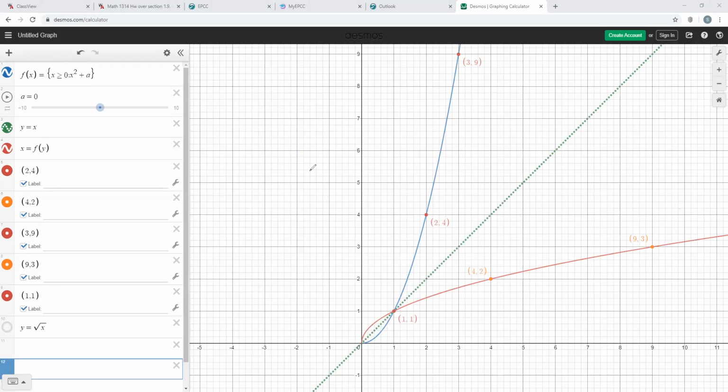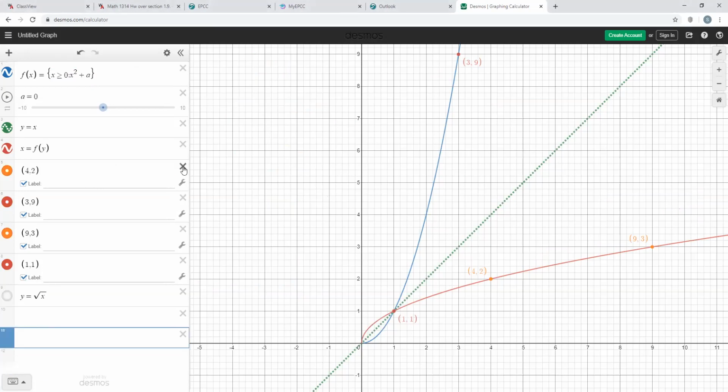And now, one more thing. If I'm going to erase these points, let me see what happens when I don't. Yeah, I need to erase them.